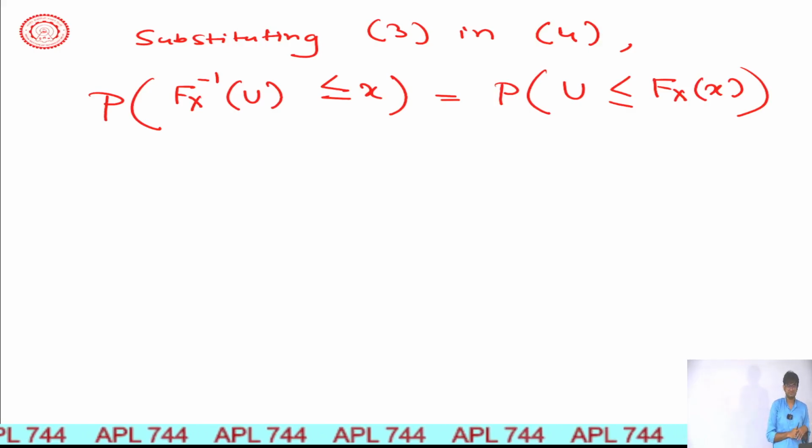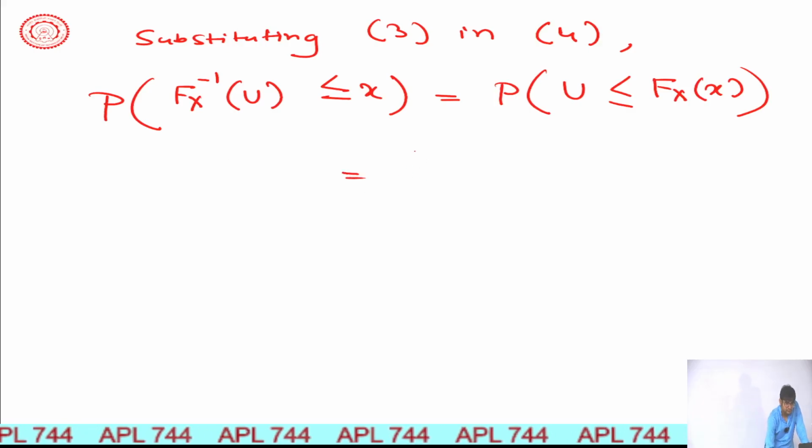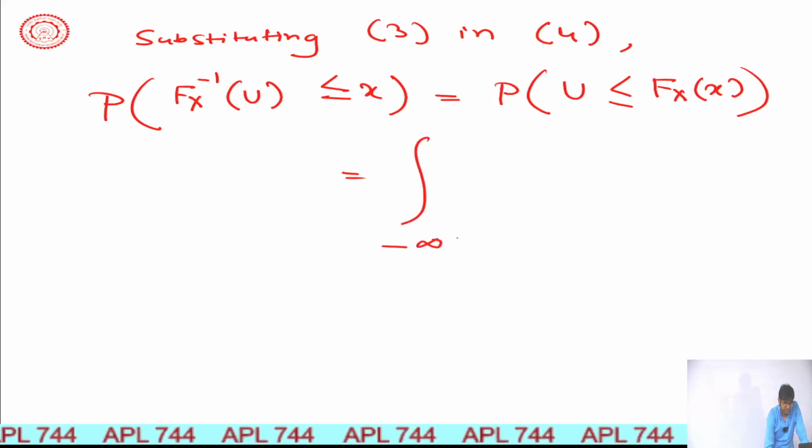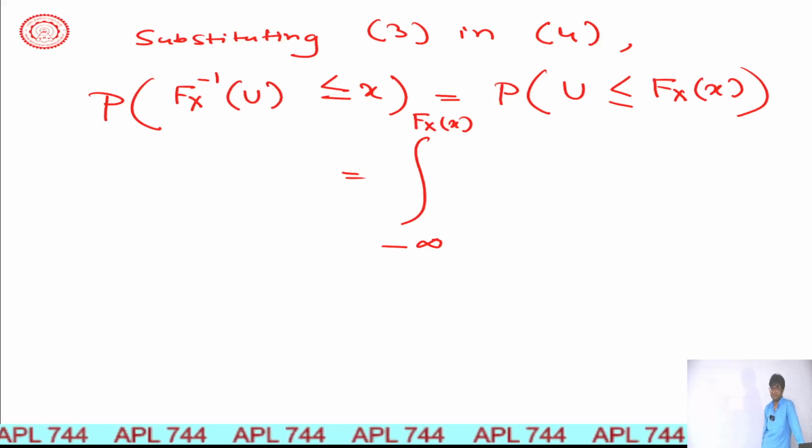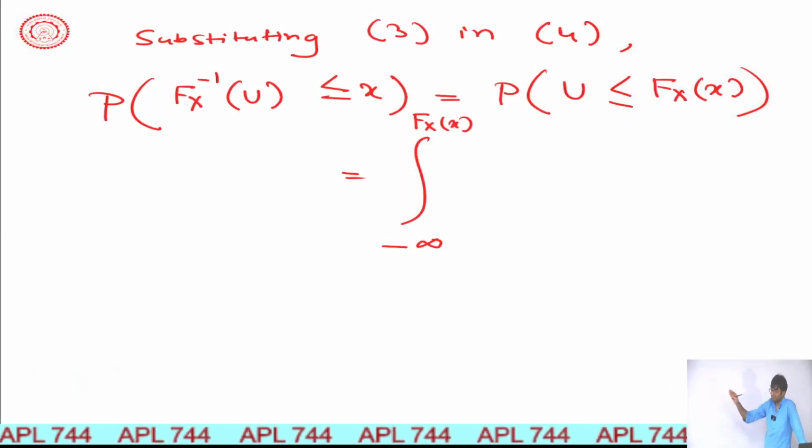Okay. So then this is equal to integration minus infinity to Fx of x. Tell me, have I written it correctly or is there some mistake in the integration term till now?